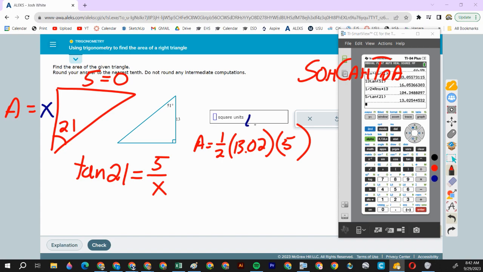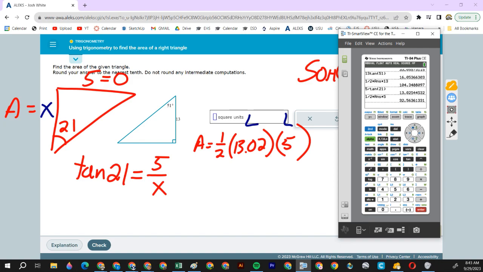And these are always legs. Notice I totally ignored the hypotenuse. So 1/2 times the answer times 5 is 32.56.